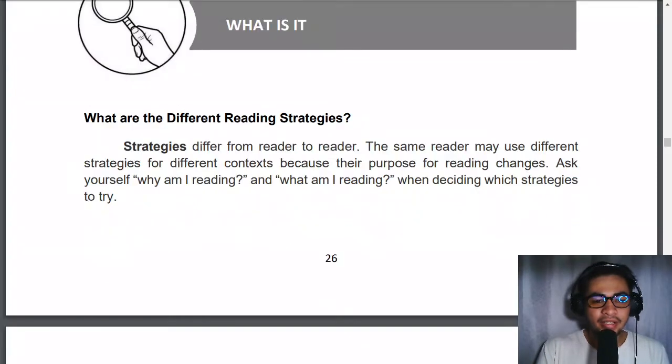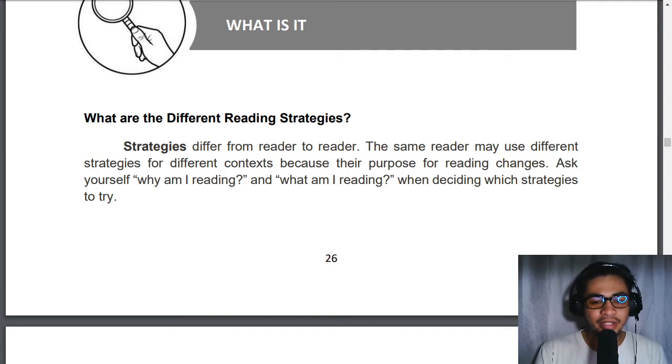So do you know that we have different reading strategies? Strategies differ from each reader. Like myself, I have my strategy of reading a certain material, and you as the student also have a strategy on how you read a certain paragraph, a certain story, or a certain selection if you wish.